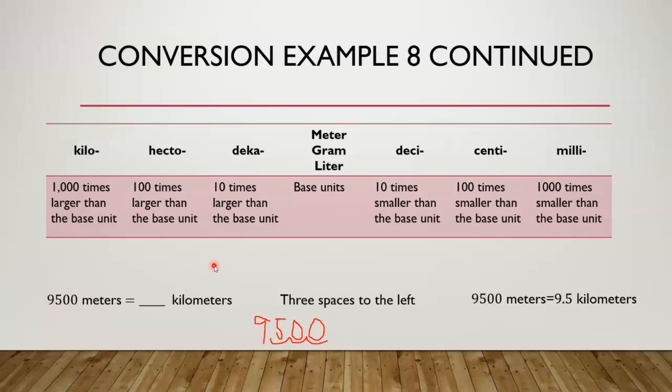I mean, you could solve this kind of metric conversion, I guess, using unit conversions. I know they do that in the book. I just thought this would be a little bit easier. At least I hope it is. Okay. So we get 9.5 kilometers.